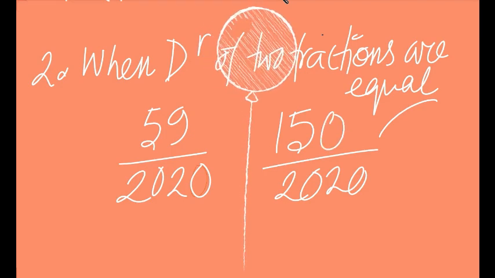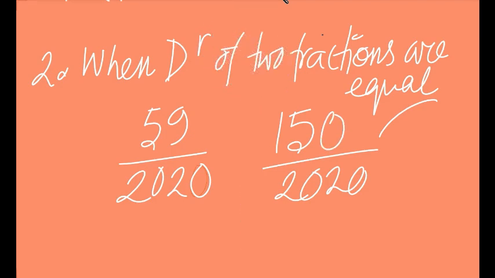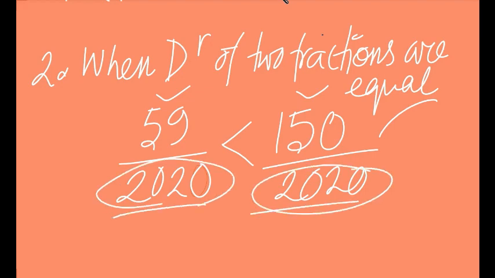Which one is greater? Obviously 150 is greater than 59, right? 150 is greater than 59, hence we put the less than sign here because 59 is less than 150. Here the denominators are same, so we have nothing else to do here, just put the signs directly.